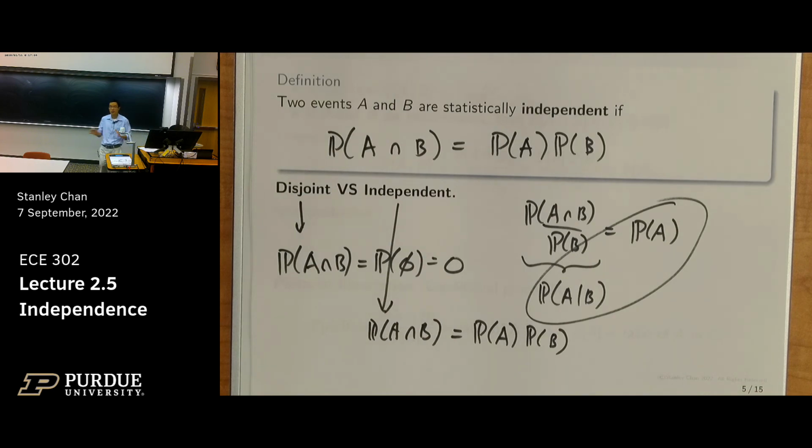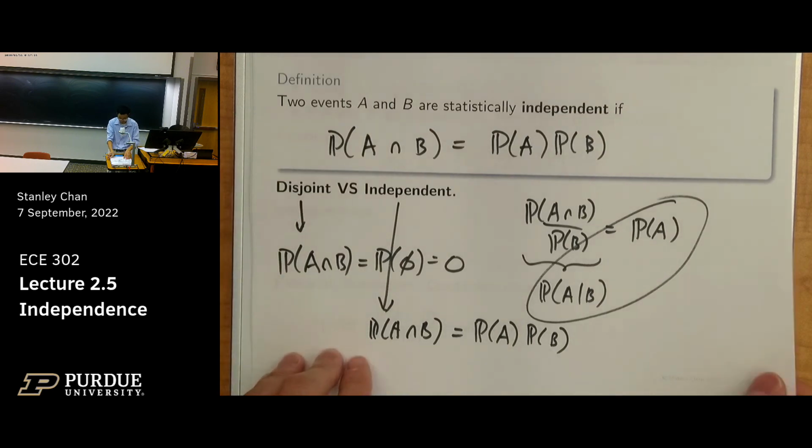Every semester, we have students get confused about disjoint and independence. Independence is a statistical property that talks about the probability, that the probability of an intersection can be factorized. Disjoint is a set problem. It means that the two sets, when you take the intersection, are empty. One is a set operation, the other one is a probability operation.